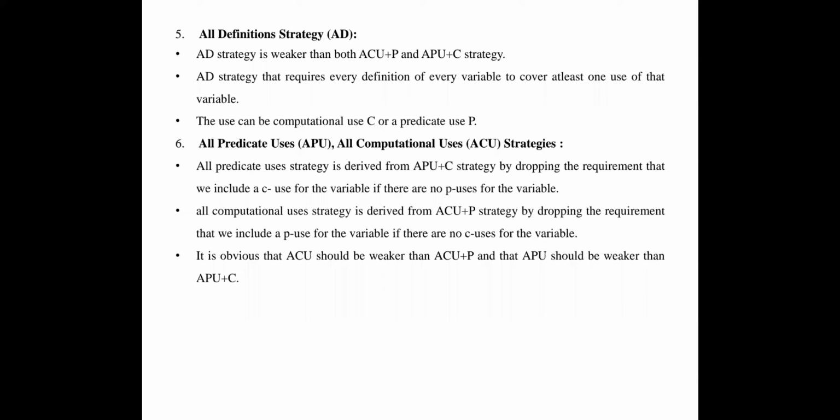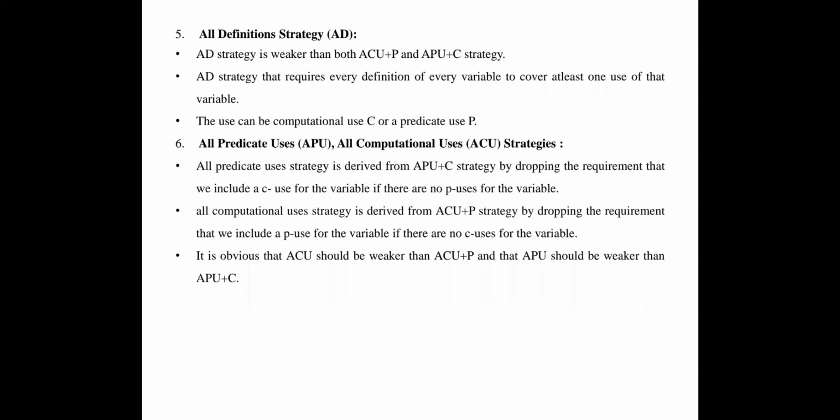The AD strategy requires every definition of every variable to cover at least one use of that variable, one definition followed by one use, either predicate use or computation use. So the use can be one definition followed by a computational use or a predicate use.